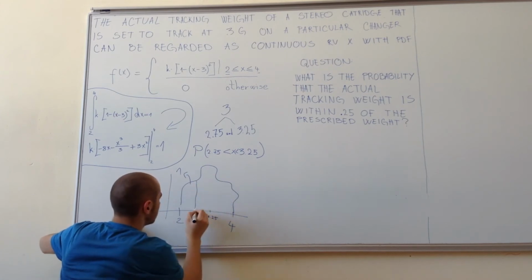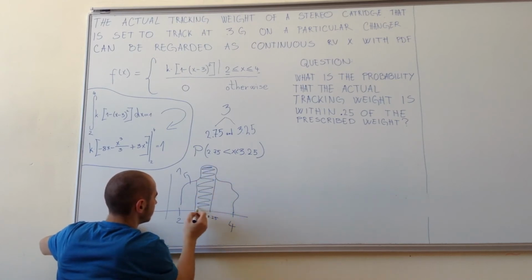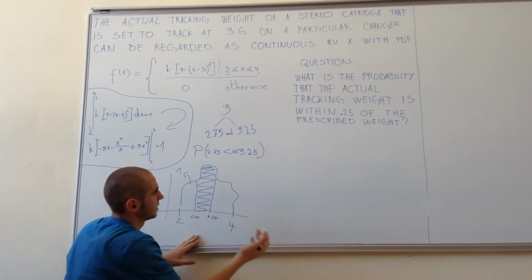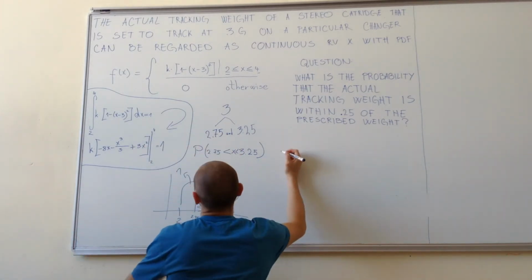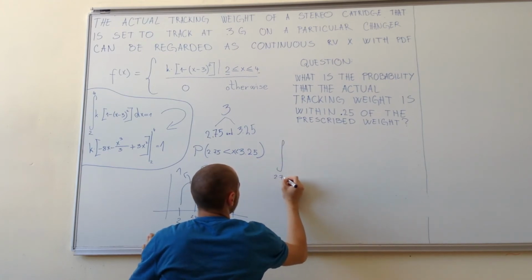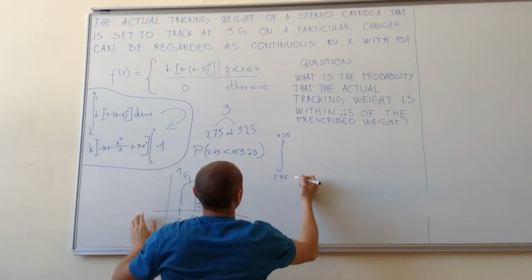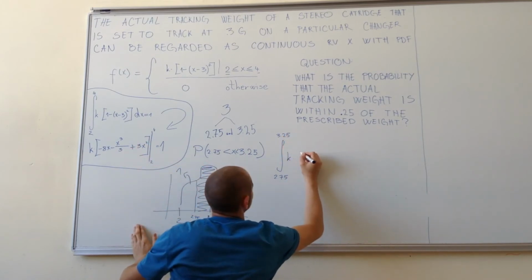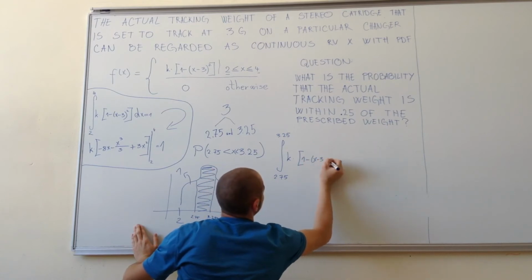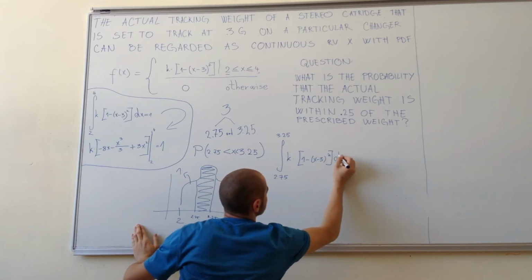So we are just looking for this area here. How will we calculate it? We'll just put the limits in the integral. So our integral has limits 2.75 and 3.25, of k times 1 minus (x minus 3) squared dx.